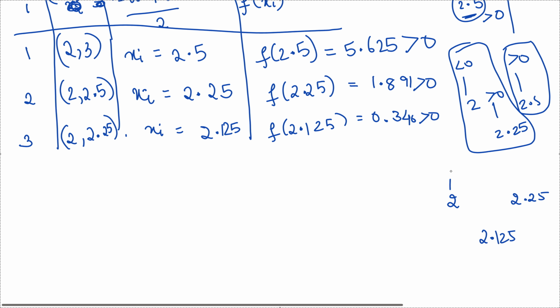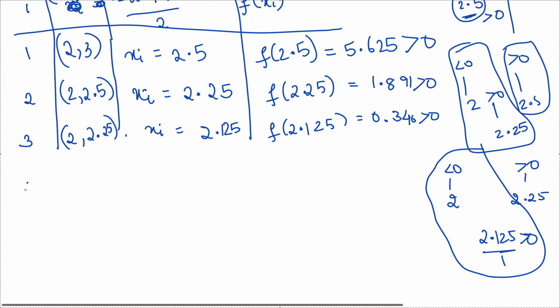So 2 was giving us less than 0, 2.25 was giving us greater than 0, and 2.125 was also giving us greater than 0. So instead of taking this, again we'll shrink the interval to this. So our next value, the fourth one, is 2, 2.125. Okay, now what will be xi? 2 plus 2.125 divided by 2, which will be 2.063.